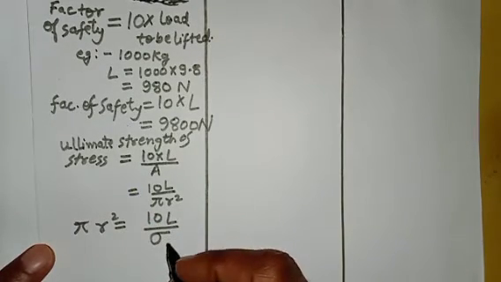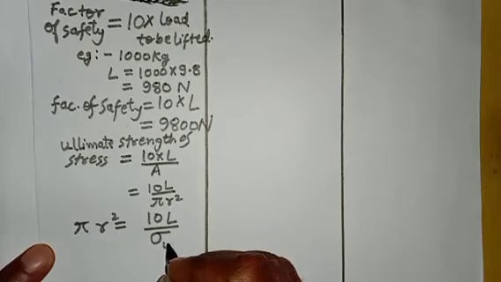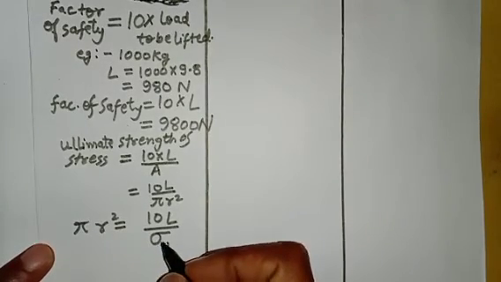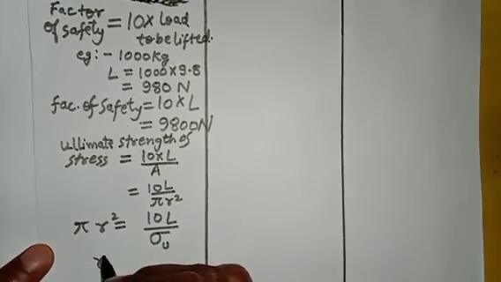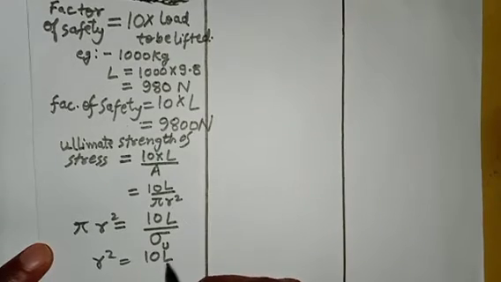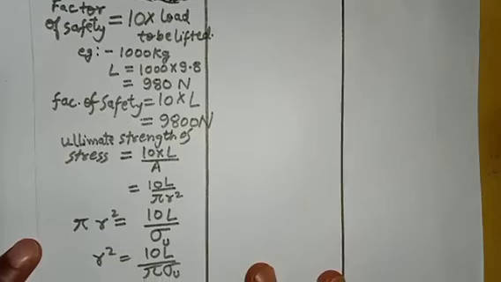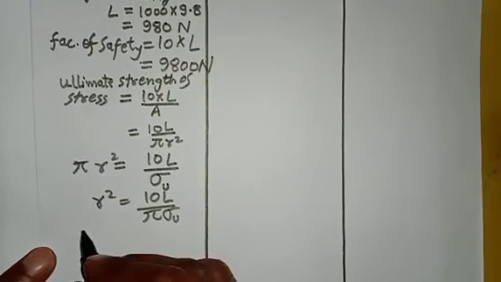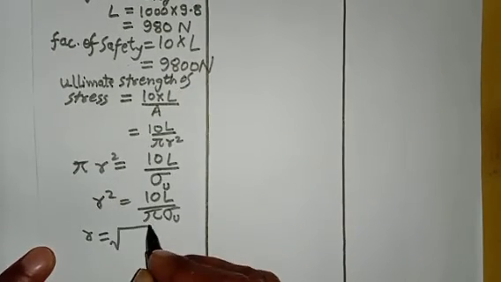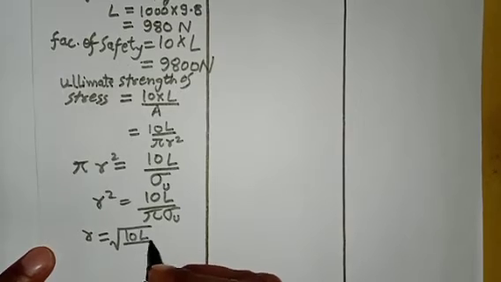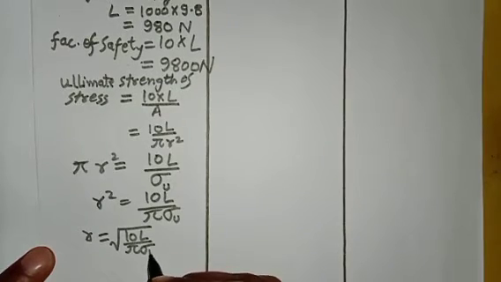We represent stress with symbol sigma, and I'm putting subscript u for ultimate strength. So r square will be equal to 10L upon pi sigma ultimate, and therefore r equal to root of 10 times load by pi sigma ultimate.